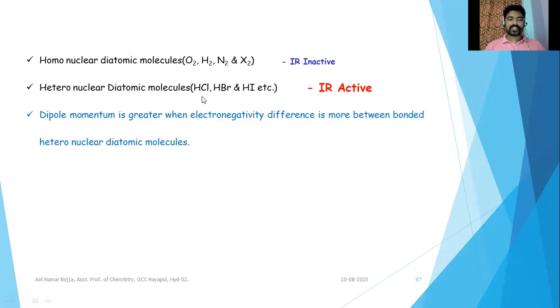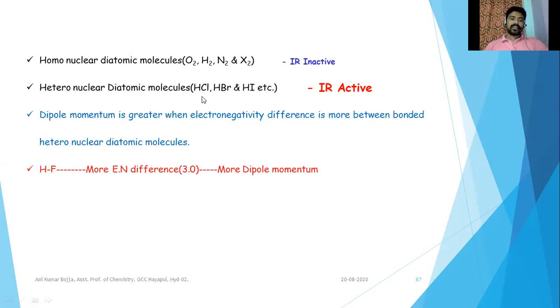Yes, for example, in hydrofluoric acid, the electronegativity difference between hydrogen and fluorine will be 1.9. If the electronegativity difference is more, the molecule will be more dipolar, so that we will see intense bands. Molecules with a greater polarity difference exhibit very intense bands in infrared spectroscopy.